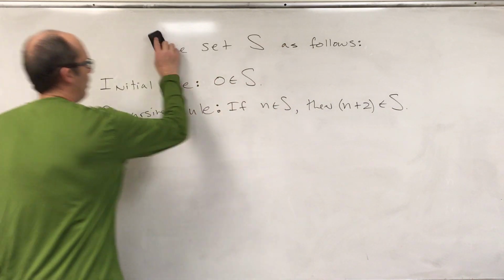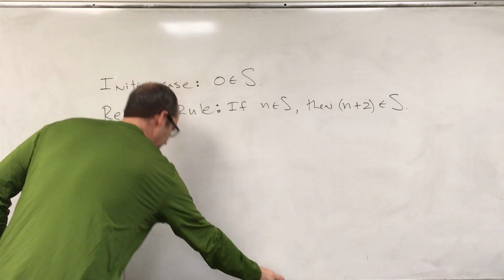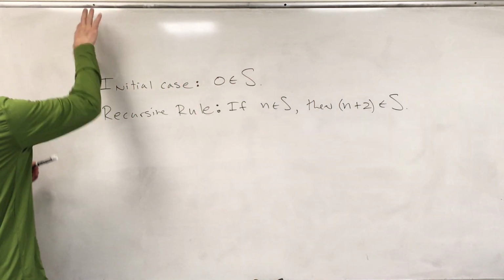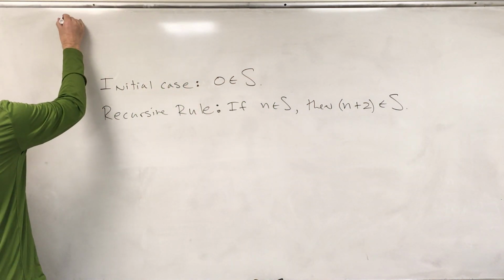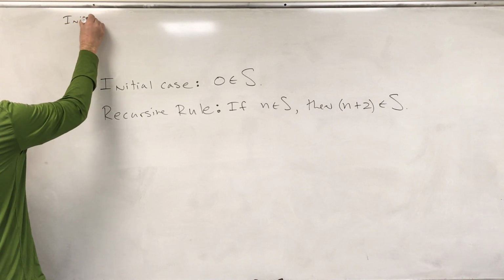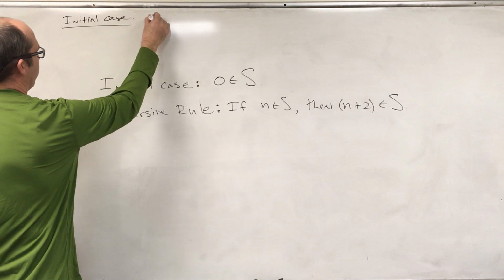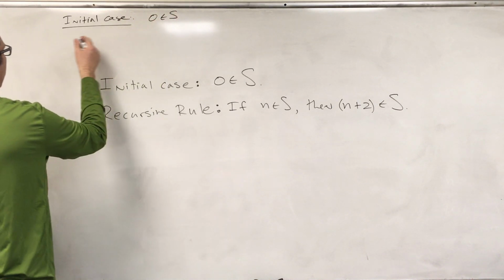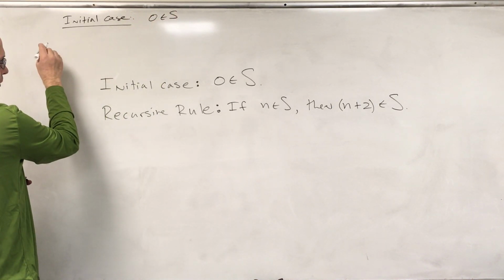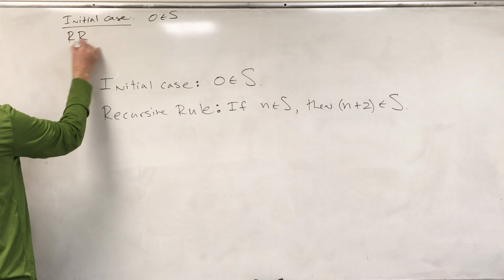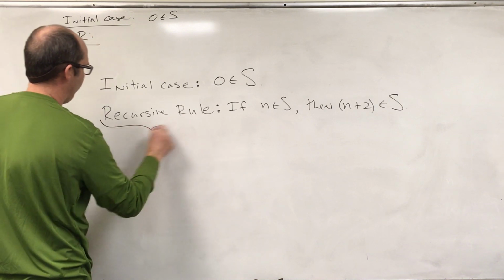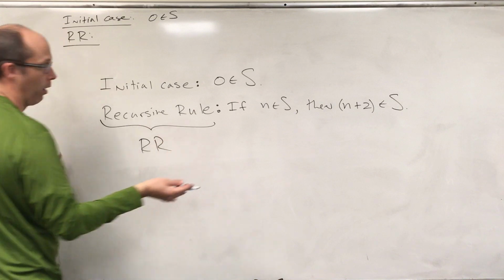Now I'm going to restate these things, just rewrite this stuff up here so we don't forget what we're doing. The initial case is that 0 is in S, and the recursive rule. I'll often write this as just RR for recursive rule.